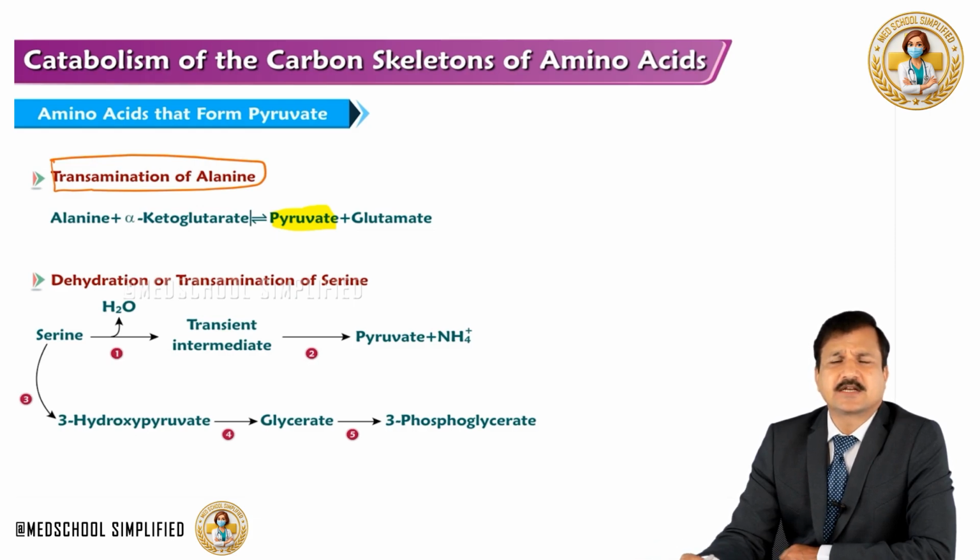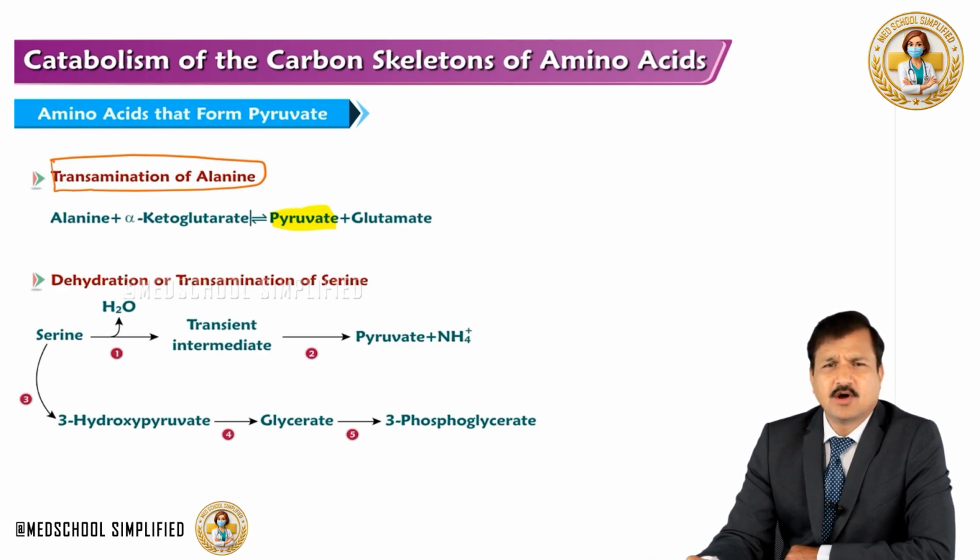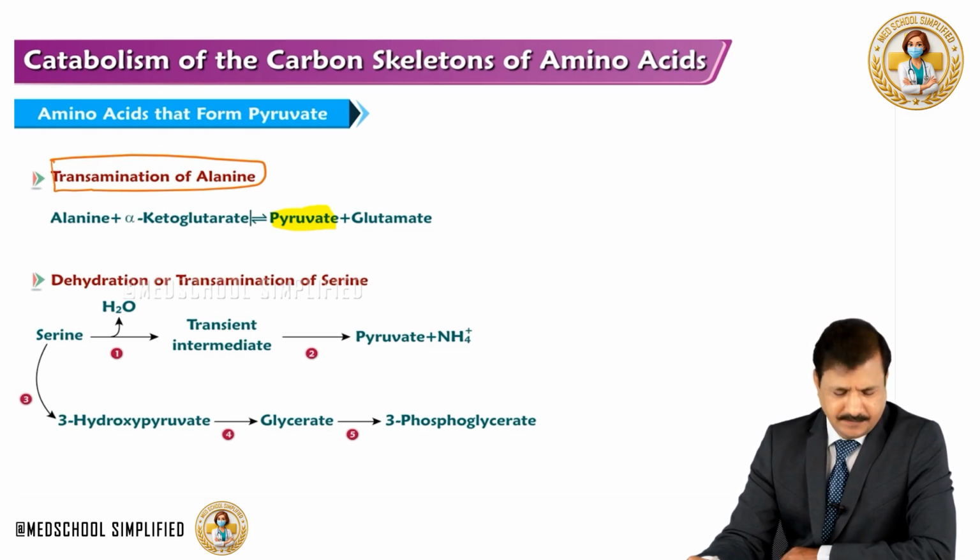This is a classic transamination reaction. So upon transamination, alanine will be converted to pyruvate. Pyruvate is glucogenic, so that's why alanine is glucogenic.